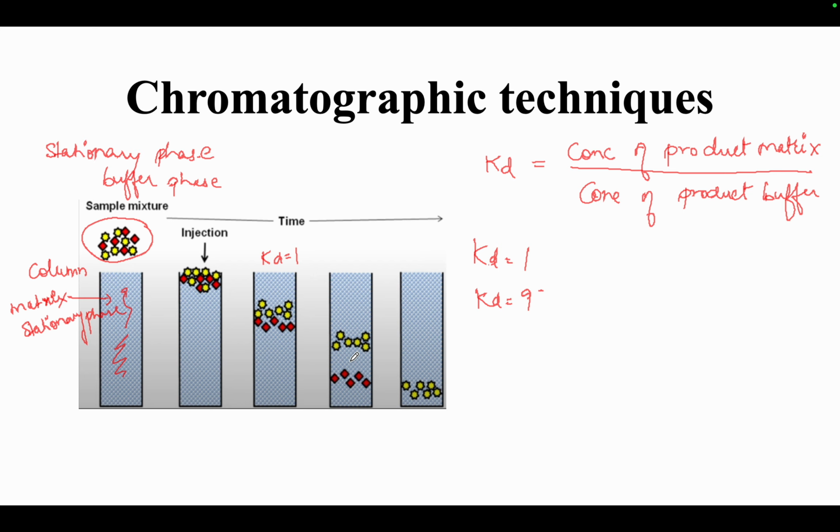So this is the basis of chromatographic technique: they will separate in the stationary phase, and this separation will depend upon many factors like the ionic composition of the buffer and also how the protein is.